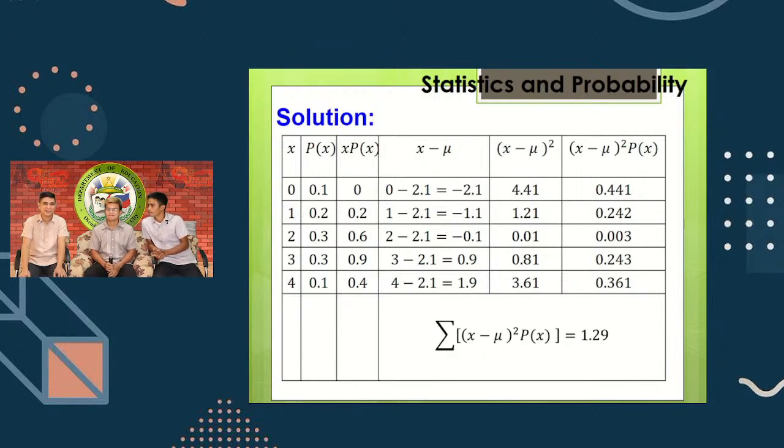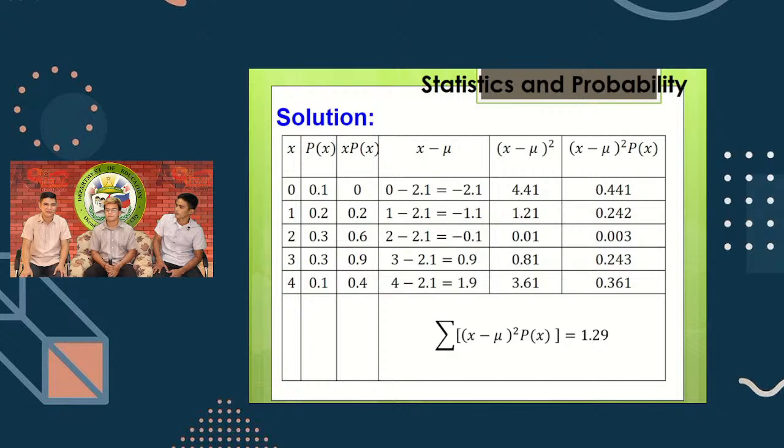Okay, for the last column, you multiply the result in the fifth column and the probability of x, or the values in the second column. So multiply 0.1 to 4.41. The result is 0.441. 0.2 times 1.21 is 0.242, and then do the rest up to 0.1 times 3.61, and the result is 0.361.